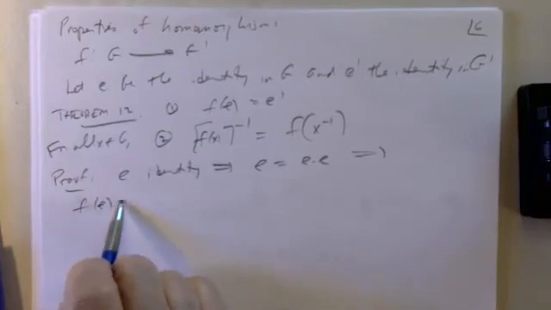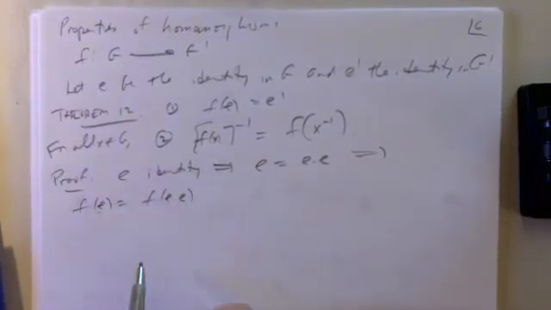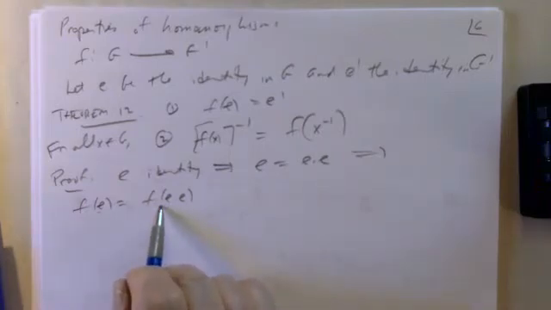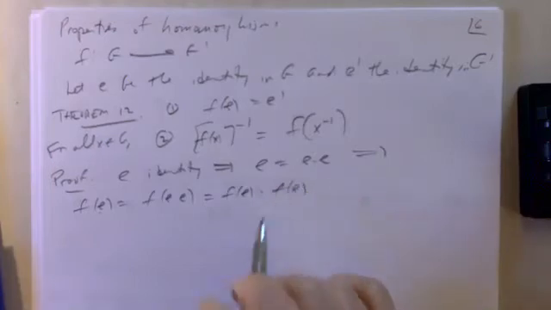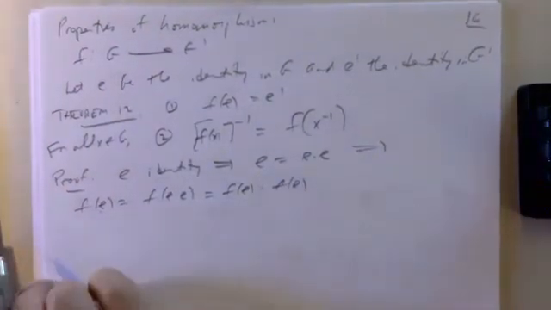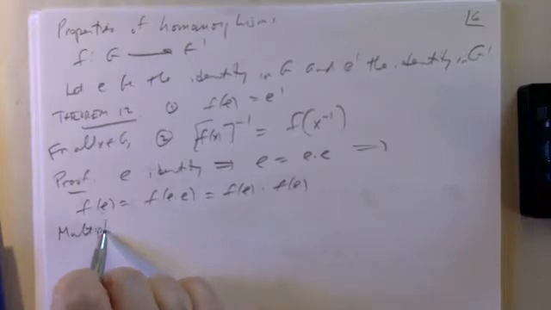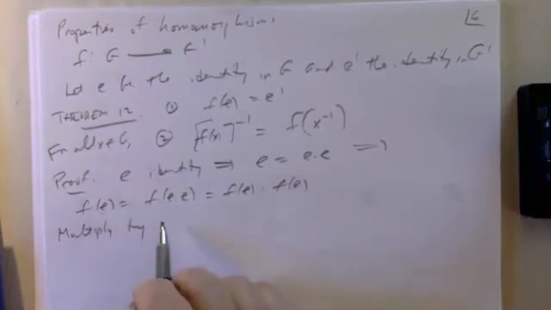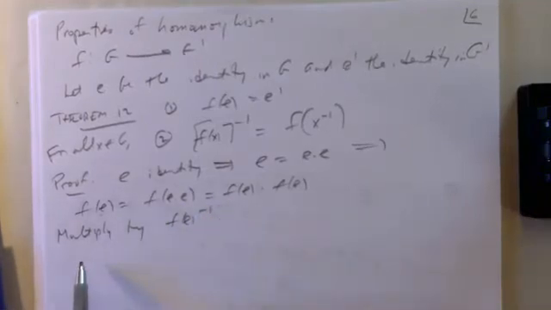So F of E is the same as F of E times E. Because F is a homomorphism, this is F of E times F of E. I don't know what F of E is, but every element has an inverse. Multiply by F of E inverse.